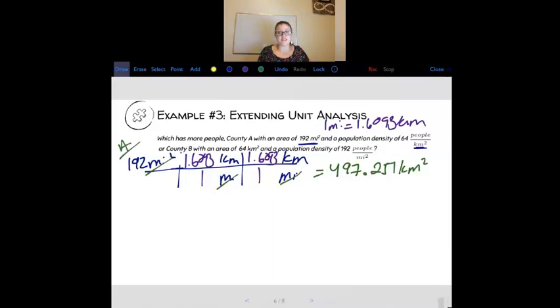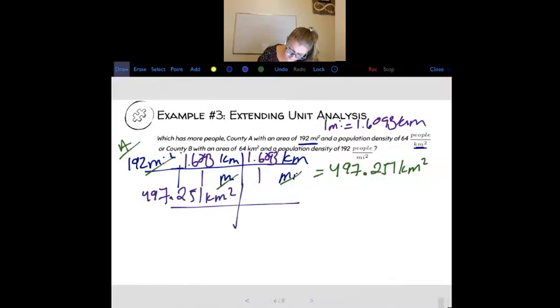If County A has an area of 497.251 kilometers squared and a density of 64 people per kilometer squared, we can multiply those two to find out the total population. Times 64 people per kilometer squared.